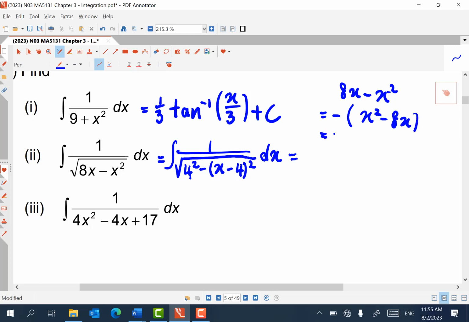And the way to go about it is, x squared now becomes x. If it's minus 8, half of minus 8 is what? Minus 4. And you always minus the square of the second number. Then this one becomes 4 squared. This is how completing the square is done, typically.